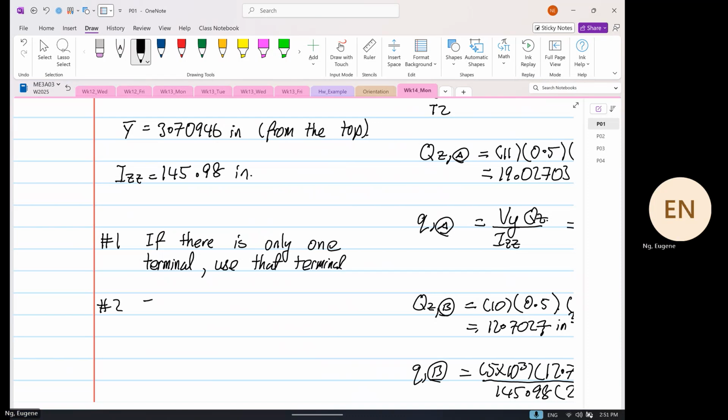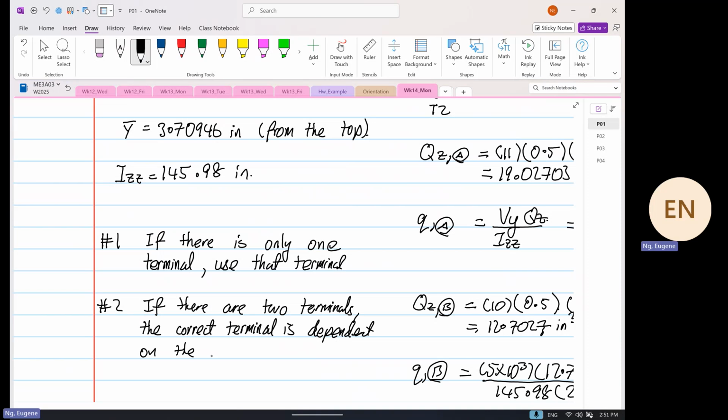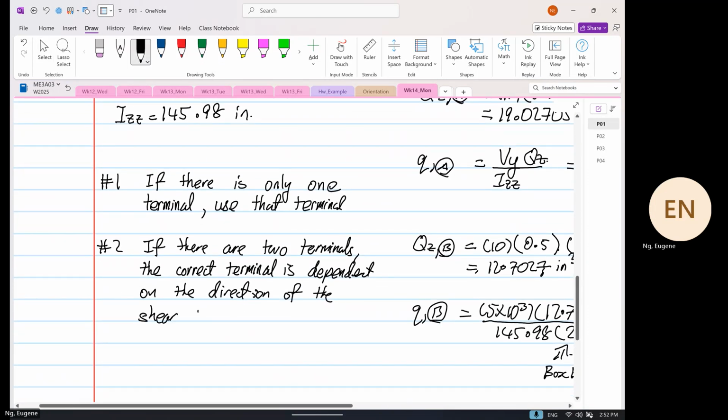Number two, if there are two terminals, the correct terminal is dependent on the direction of the shear flow. Be clear. Okay, and this one is unique.